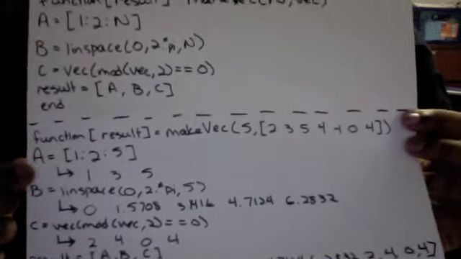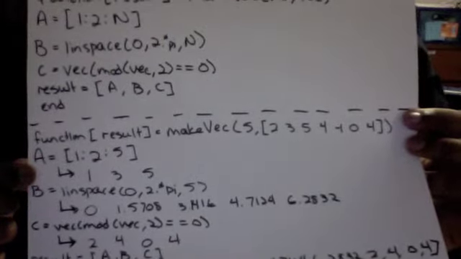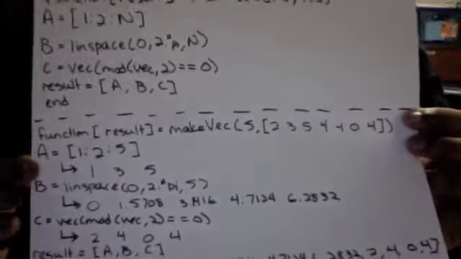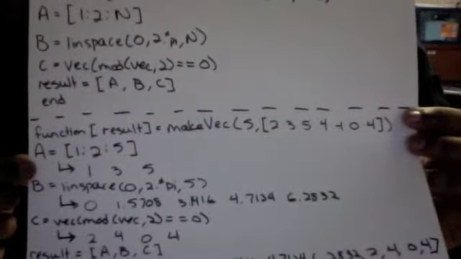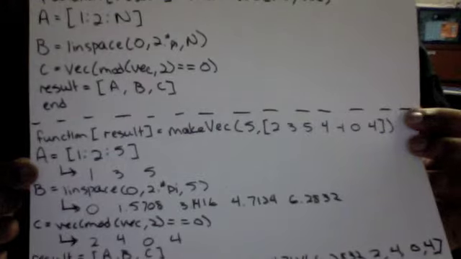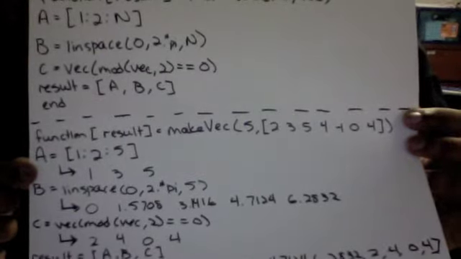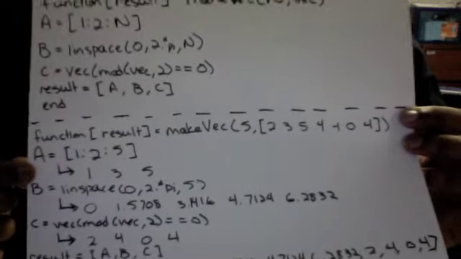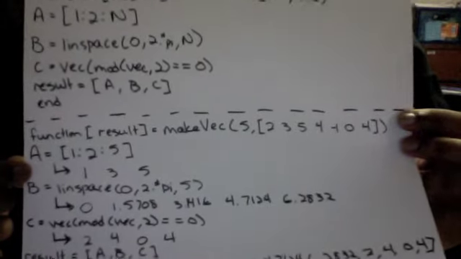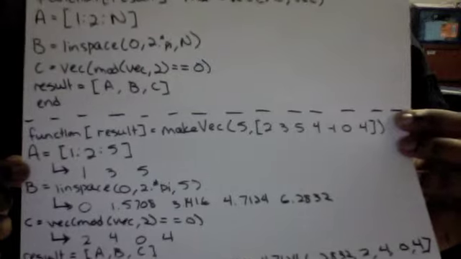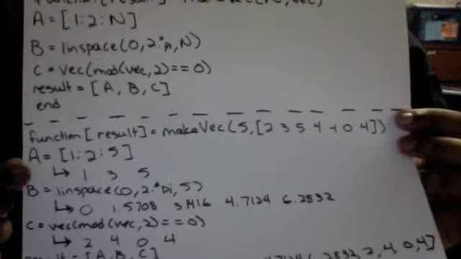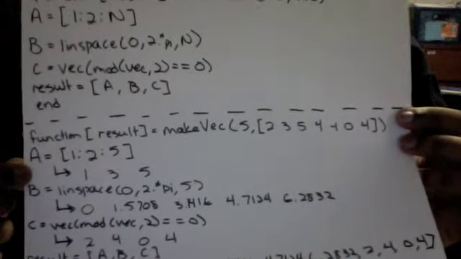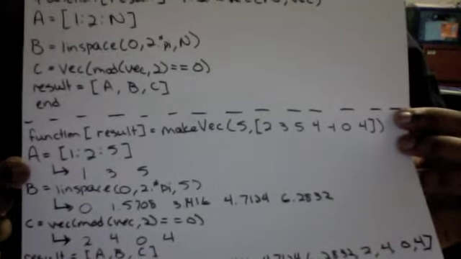command vec mod vec, 2 equals 0, which in a non-computing language, we're finding the numbers in vec, which was our given vector, that are divisible by 2, and we're finding the logical statement of those that are, if it is equal to 0, then we want the numbers that are returned as zeros.